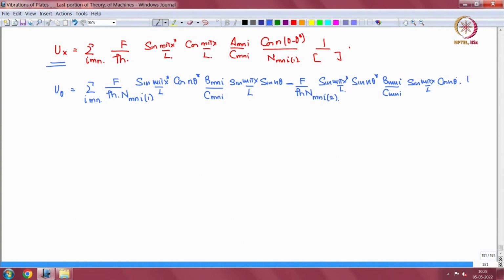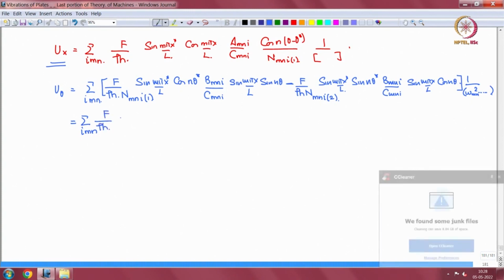So we'll close this first. One over omega mn square, etc., etc. Again sigma I m n. I'll take certain terms outside, f by rho h.